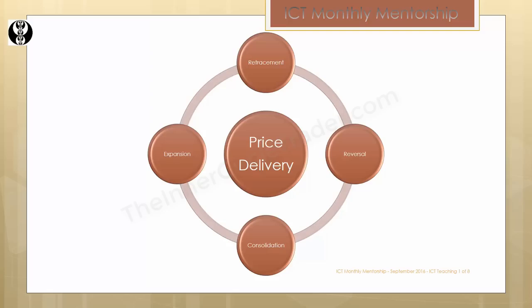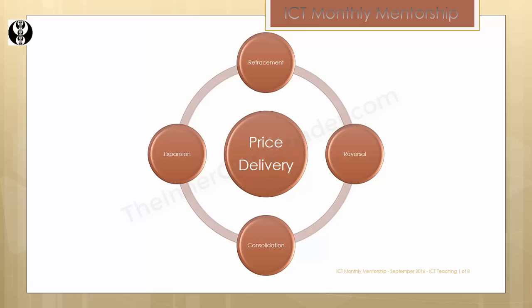After that impulse swing, either it goes back to a consolidation again, or it goes to a retracement. When the retracement happens, it goes back down into another level of expansion, or after the expansion, it can go to a reversal pattern. After the reversal pattern, it'll see another retracement, then back to potentially a consolidation.